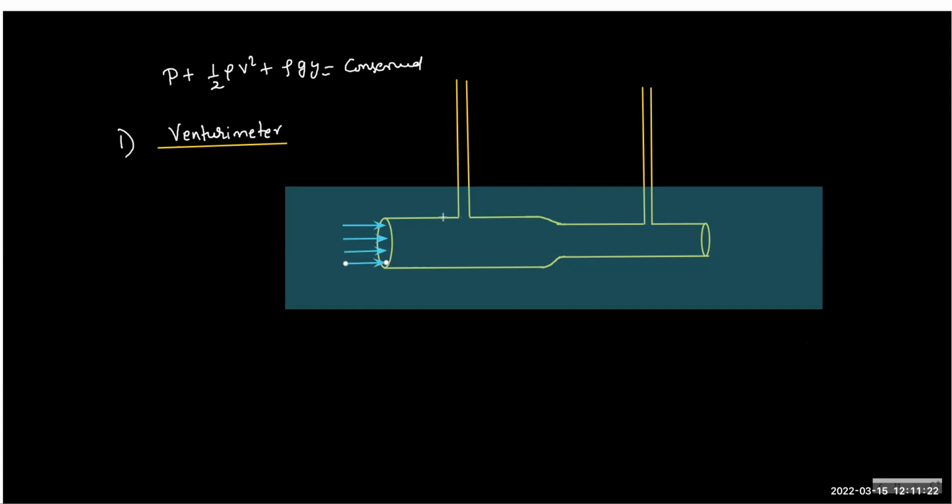So what will happen? You can clearly see that the cross-section area is bigger on the left side and smaller on the right side. At which cross-section do we expect a bigger velocity? If the velocity here is V1 and the velocity here is V2, which one is bigger, V1 or V2?